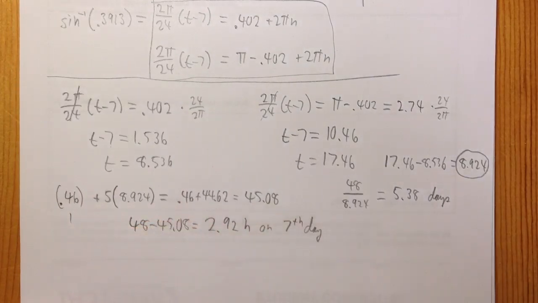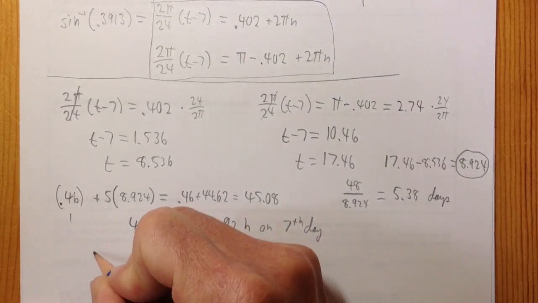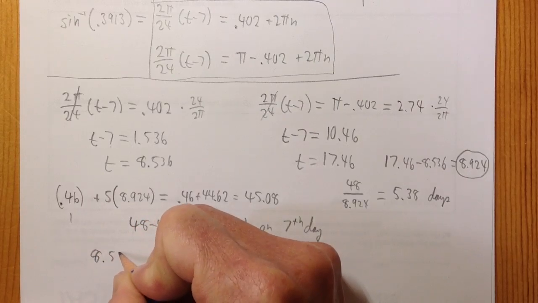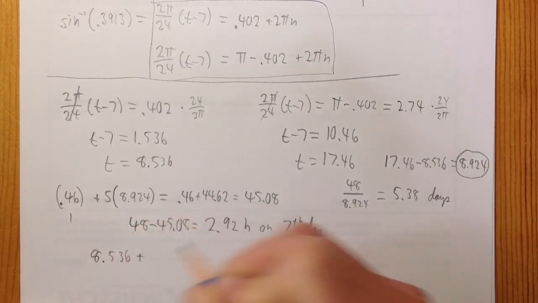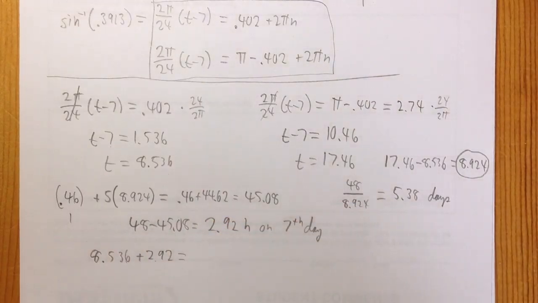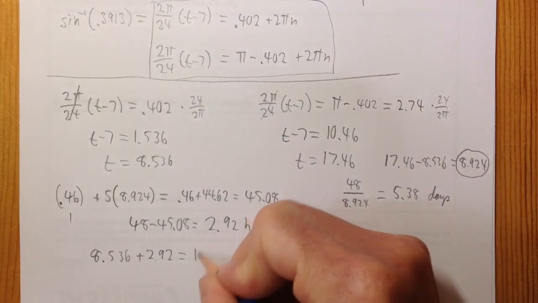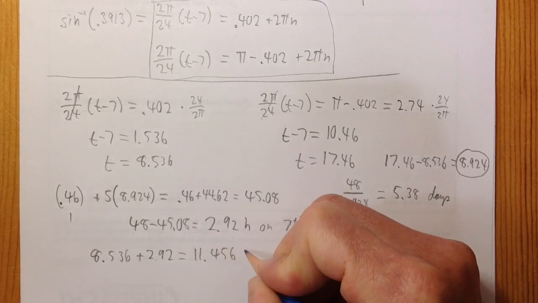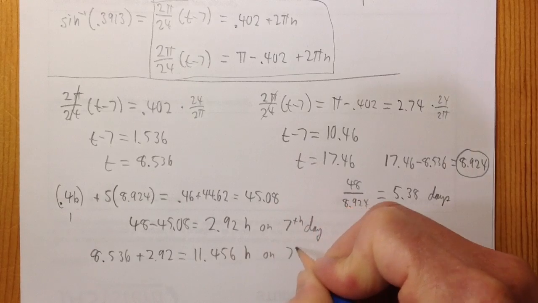So the time on the 7th day we're going to get there is the time it hits 75 degrees, which is a little after 8:30, 8.536 hours, plus 2.92. So what's that? Plus 8.536, that's going to be 11.456 hours on the 7th day.